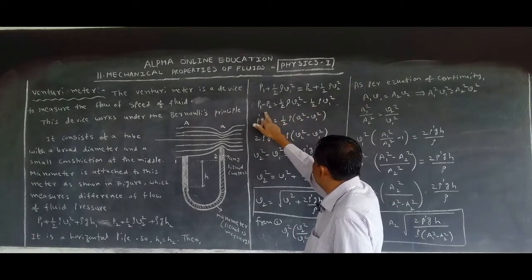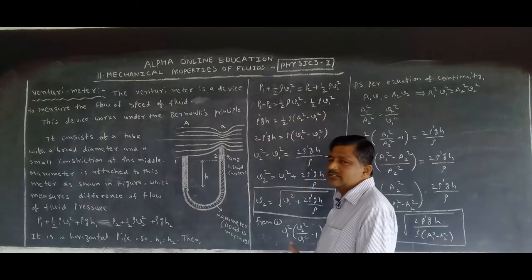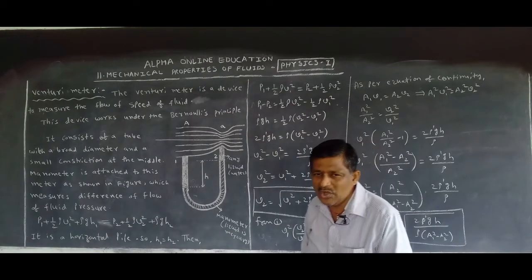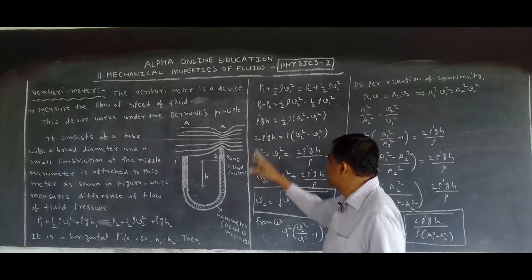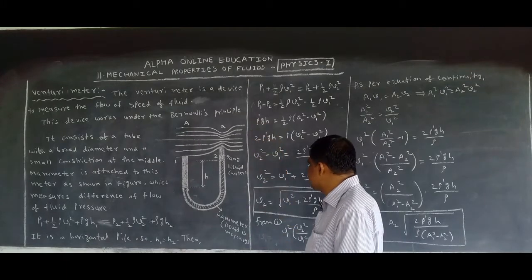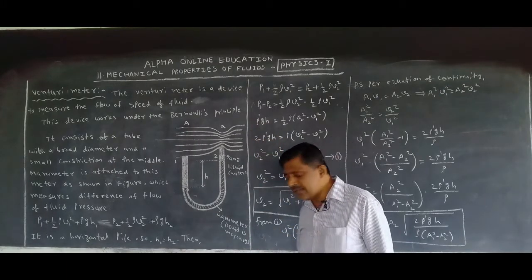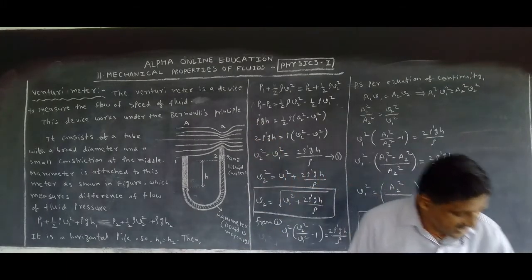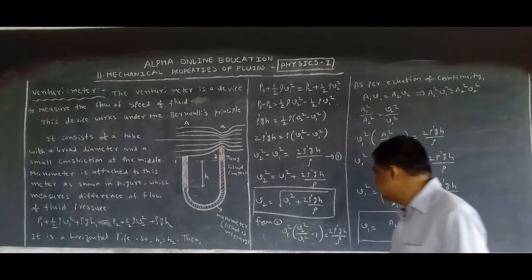P1 minus P2, what is the difference in pressure? The difference in pressure is rho G H, but I have taken rho dash. What is rho dash? Density of the mercury.